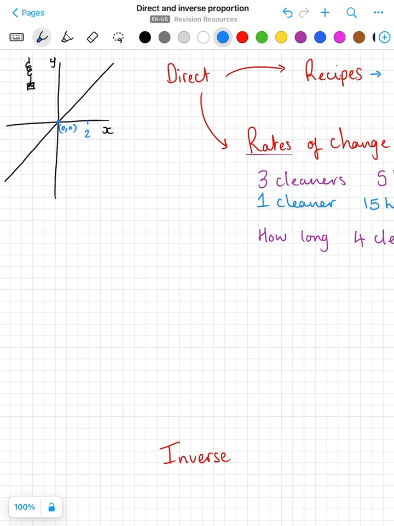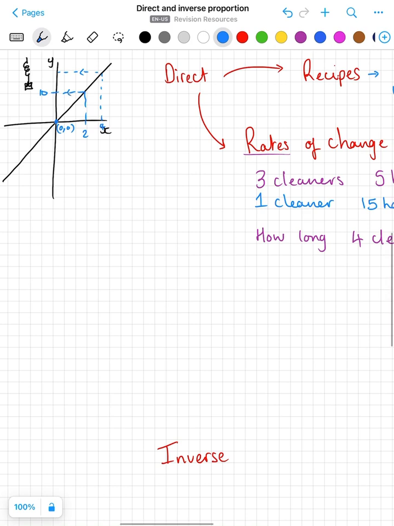So let's think, if this is 2 and the value of y is 10, just answer me, what if the value of x was 4, what would you think the value of y would be? If it's a directly proportional relationship. Hopefully you said 20. Because as we've doubled x, you also double y.